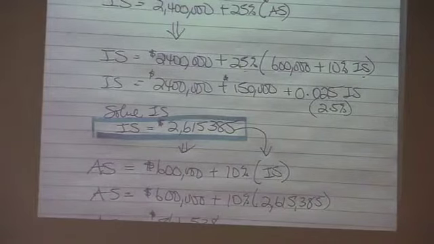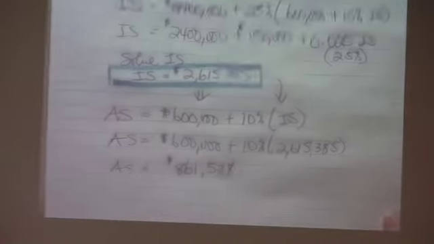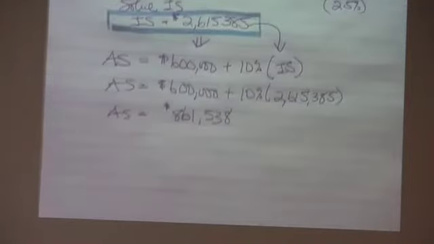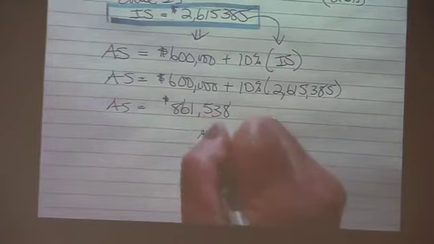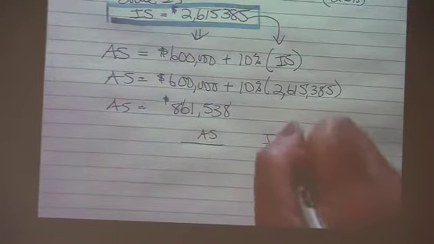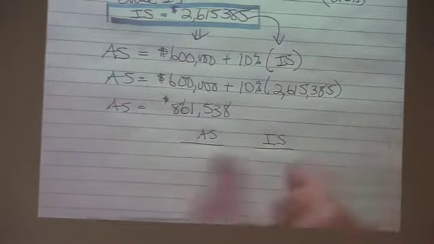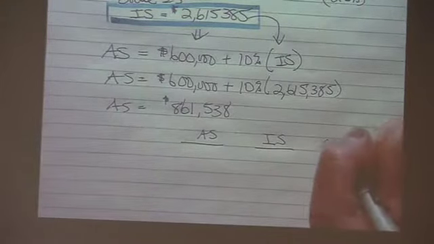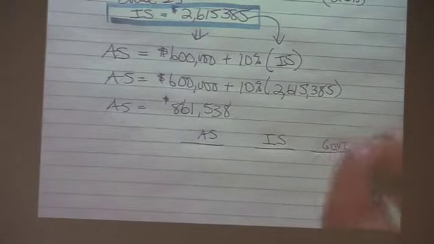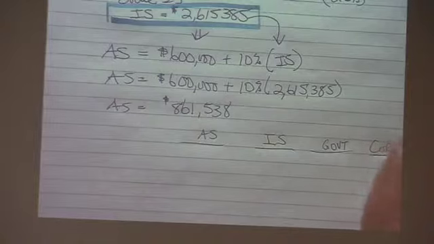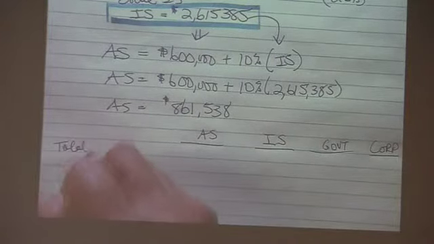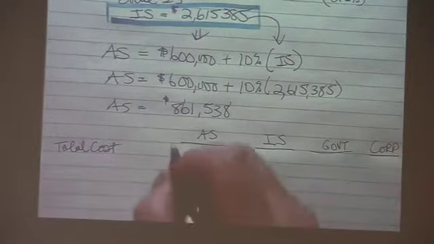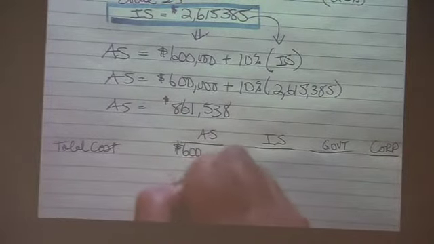Okay, so now we're going to allocate. Let me do it down here. Again, I like the chart to show you the support department and the operating department. And you've got your total cost. You've got 600,000.